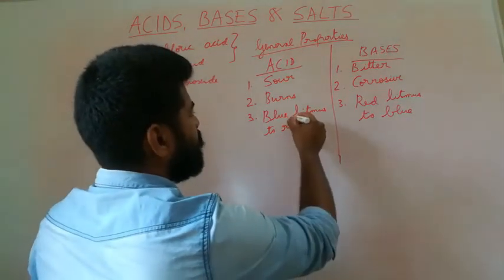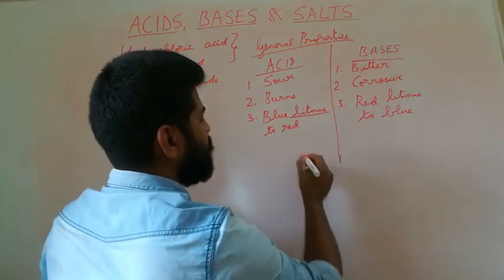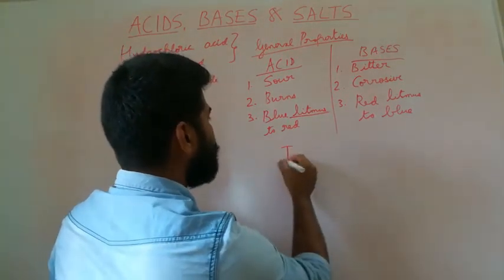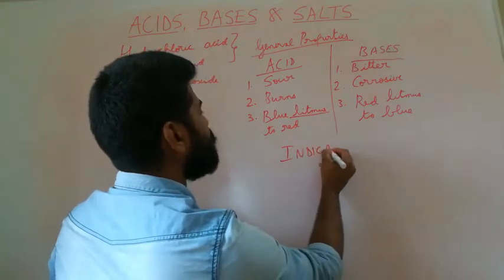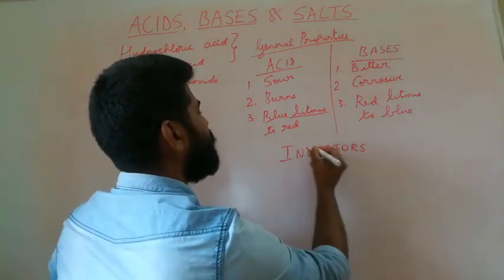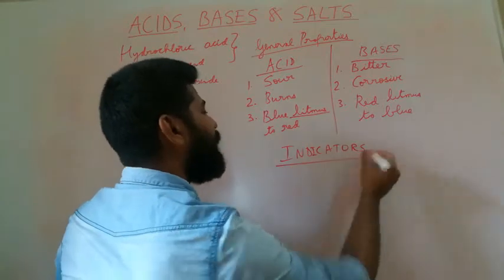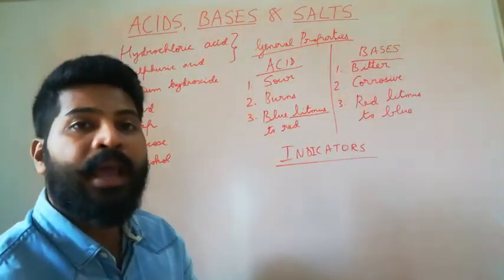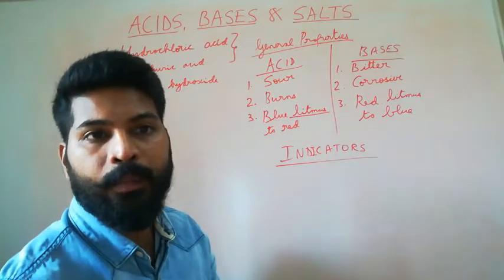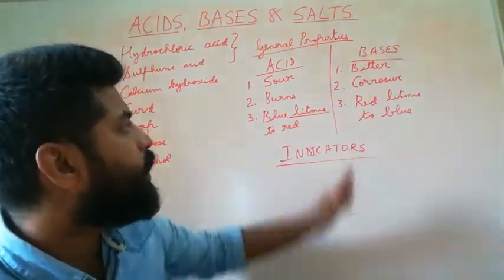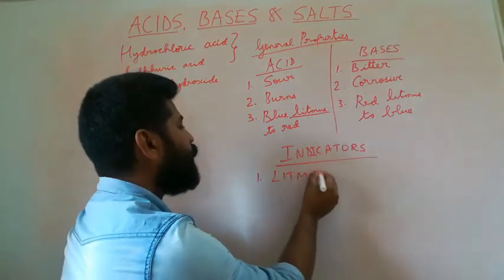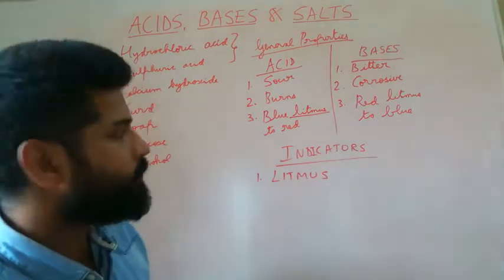Such substances, litmus etc., these are called indicators. These are substances which tell us whether the given substance is acid or a base. Indicators. So litmus is one such example for an indicator.